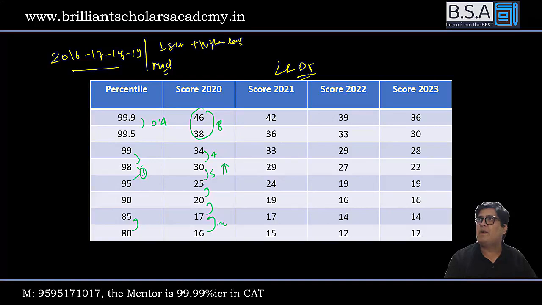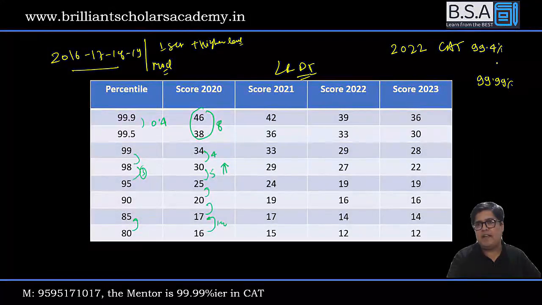In fact, if I remember correctly, in CAT 2022, overall 99.4 percentile and 99.99 percentile. What was the gap between these two individuals?